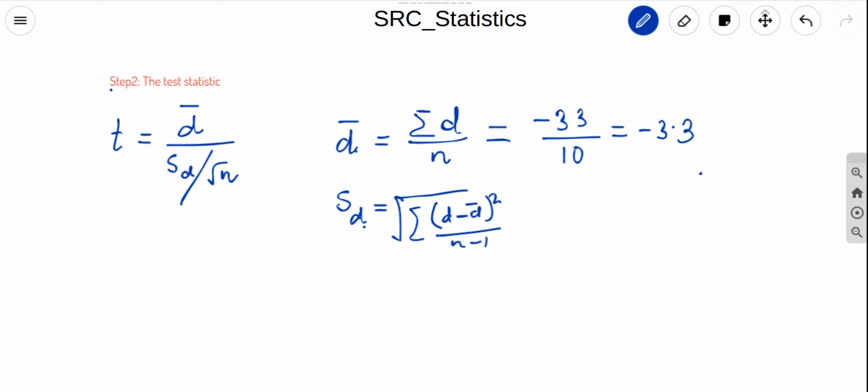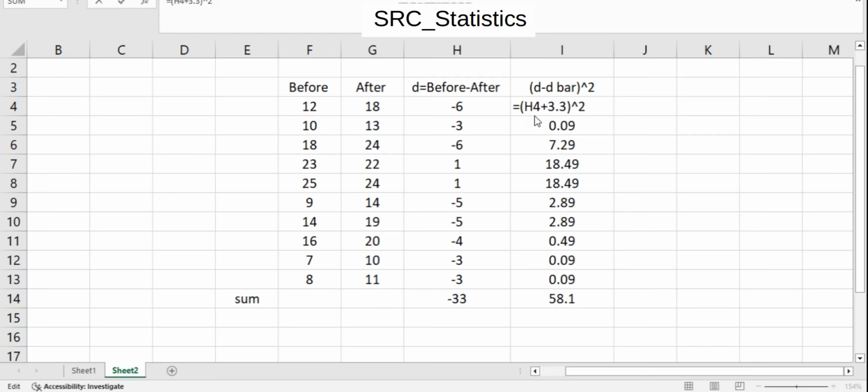We shall use this d bar to calculate summation of d minus d bar whole squared. So in the next column, I have done negative 6 minus negative 3.3 whole squared, which actually becomes negative 6 plus 3.3 whole squared, so 7.29.